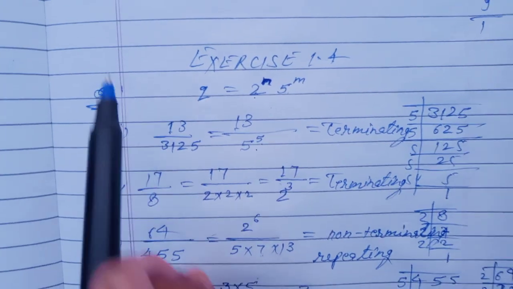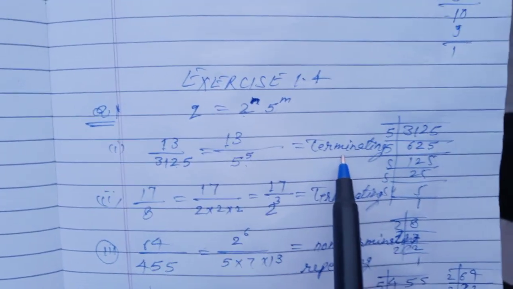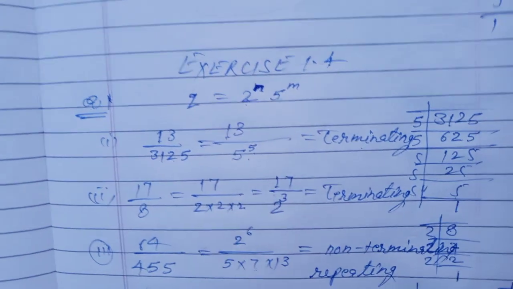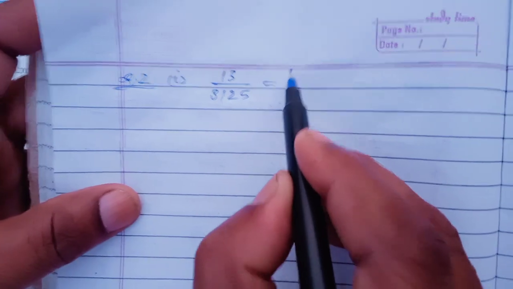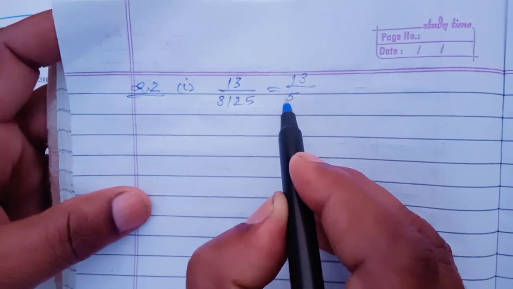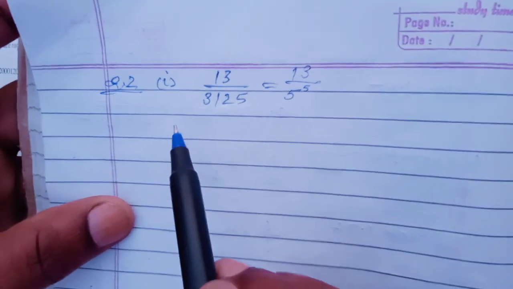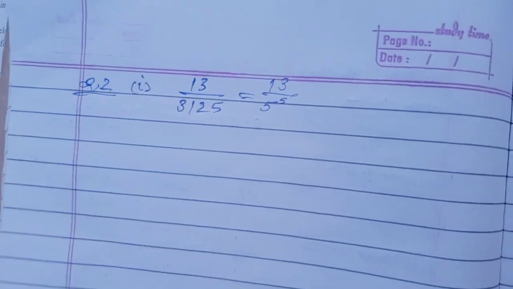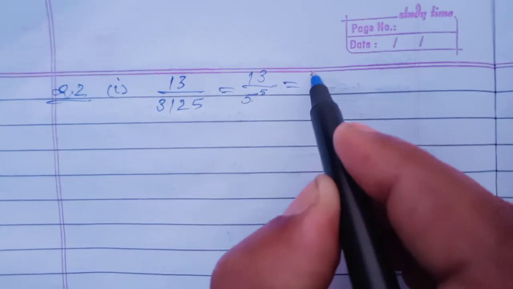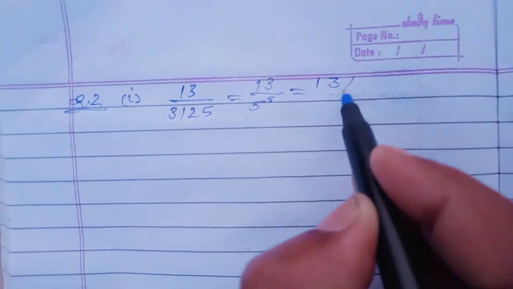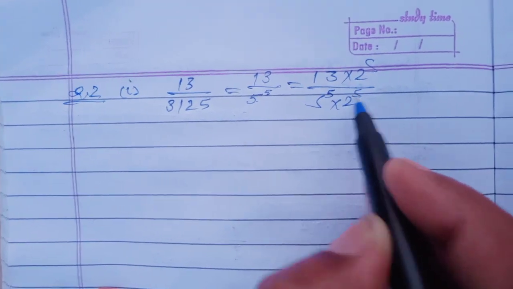Okay. In question first, 13 by 3125 is terminating, so we have to find its decimal expansion. 13 by 5 power 5. To convert it into decimal, there are two methods. Method one: 13 by 5 power 5, multiply both numerator and denominator by 2 power 5. 13 multiply 2 power 5 upon 5 power 5 multiply 2 power 5.